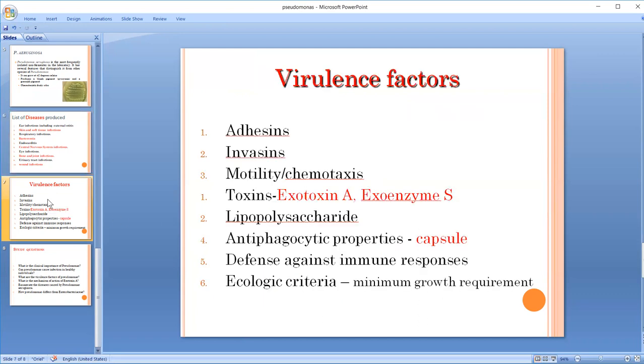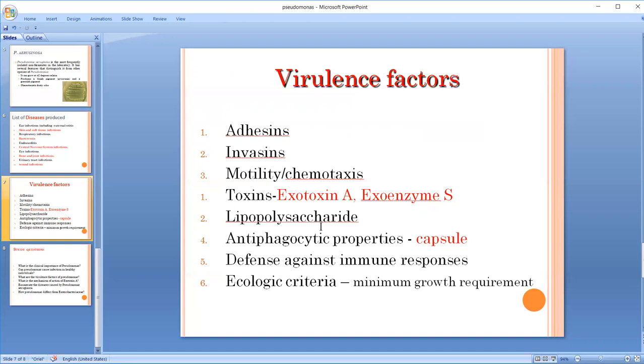So how many virulence factors do they have? They have many virulence factors. Adhesion by the fimbriae and the flagella. Invasion, as they have enzymes. Motility by flagella. They have two important toxins, exotoxin A and exoenzyme S, also known as exotoxin S. Exotoxin A is similar to diphtheria toxin.